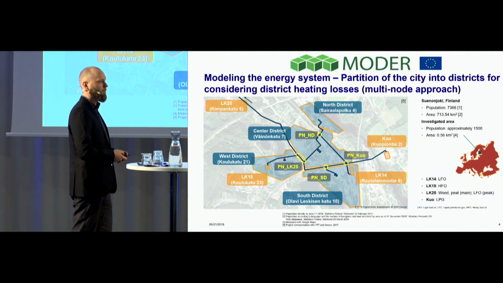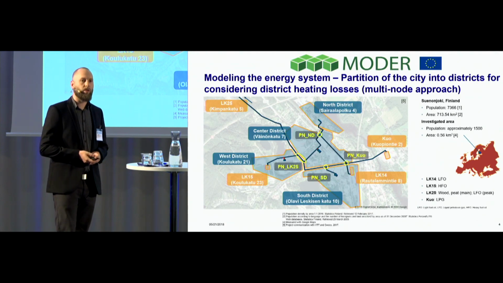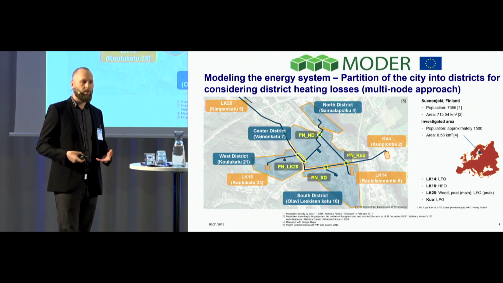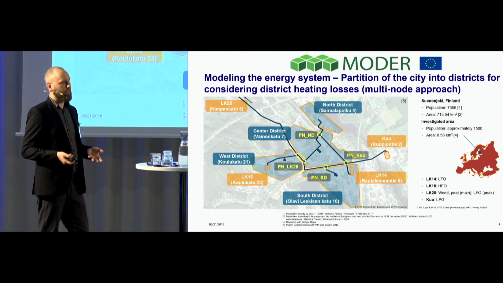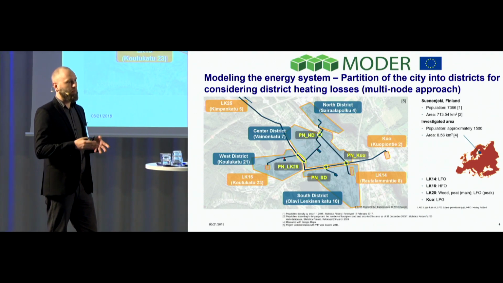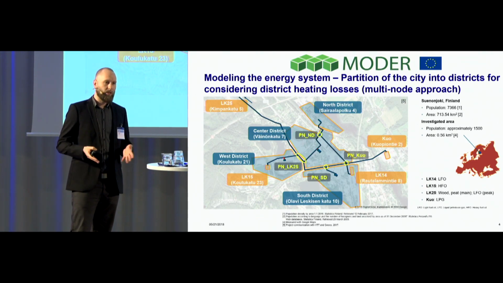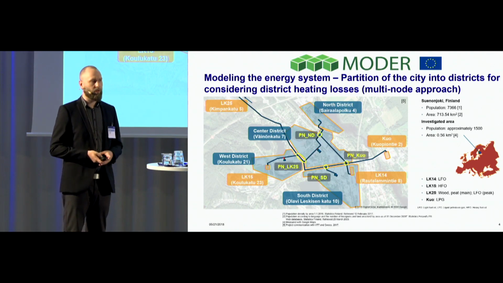Once it was developed, we wanted to test it, of course. And we used the case Suonenjoki as a test case because there was initial data available which we could use. It was quite a big task to collect all necessary data, and of course the hourly based consumption data for heating and electricity was not available for all the buildings, but then we used the VTT APROS simulation tool to fill the gaps in the initial data.